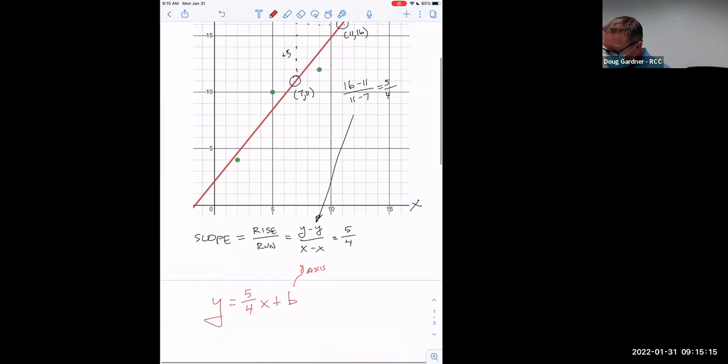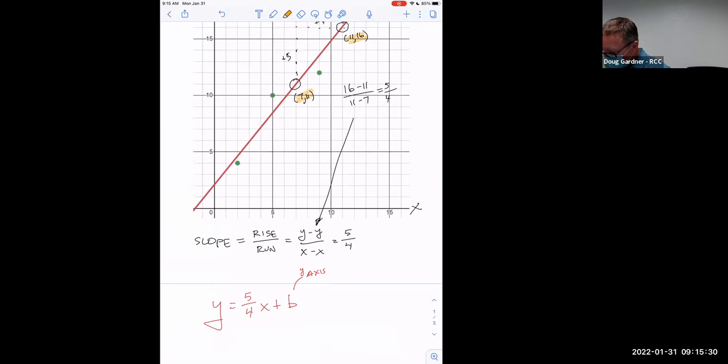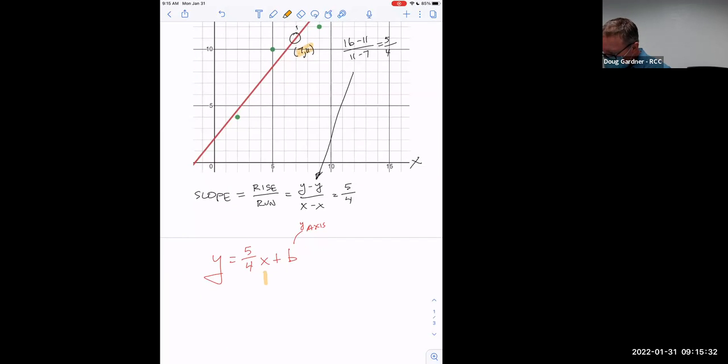Does it make sense that these 2 points right here have to work in the equation? That's what it means for this line to work. Those points have to work in the equation. In other words, and I'm just going to pick 7 and 11. If I put 7 in here, then 11 would have to go in here.